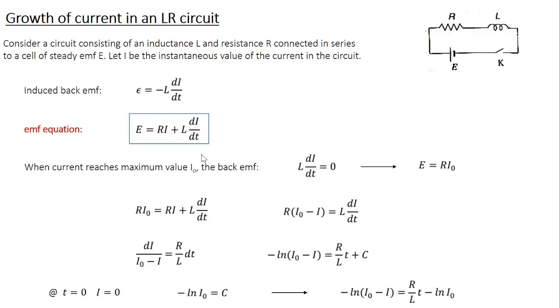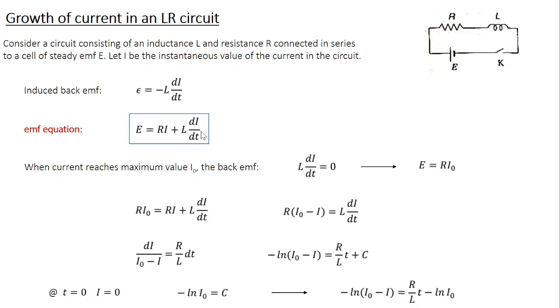You can write E minus L di by dt equal to IR, or E equal to IR plus L di by dt. So this is the EMF equation for the LR circuit. This is analogous to the equation of motion which we write in classical mechanics. There you solve the equation of motion and get position as a function of time. Same way here, you solve the EMF equation and get current or charge as a function of time.